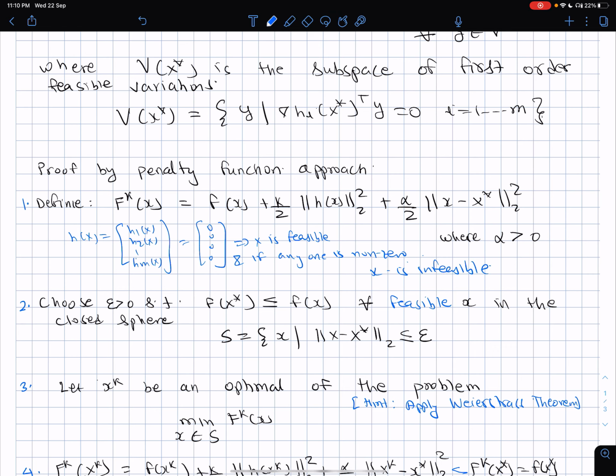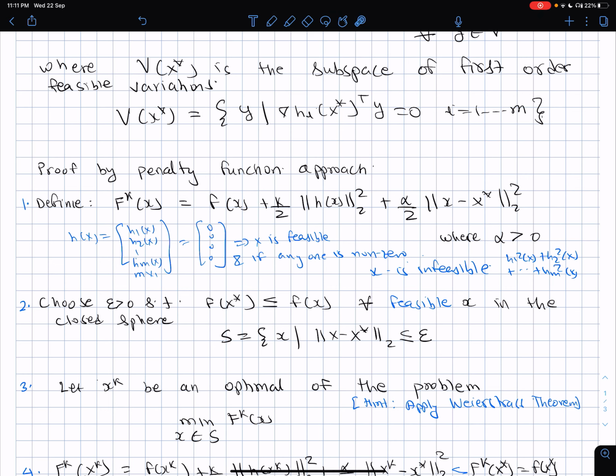The infeasibility could be positive or negative, coordinate-wise, in this m cross 1 vector. But when we square and add, what we are looking at is h1 square of x plus h2 square of x and so on up to hm square of x.